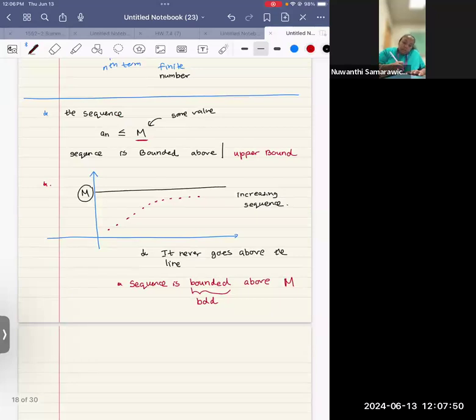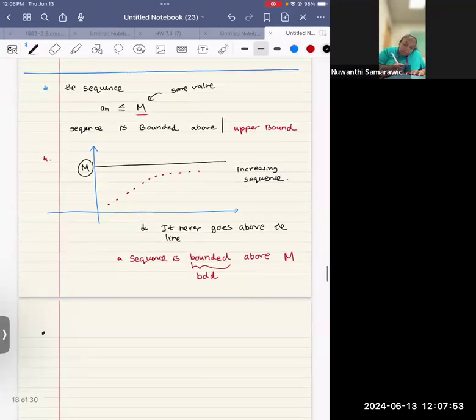And then let's see what if the sequence looks like this.